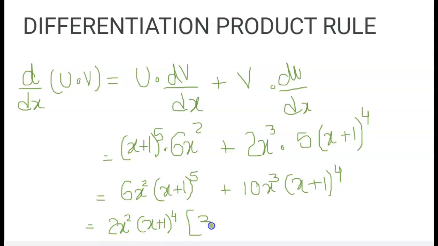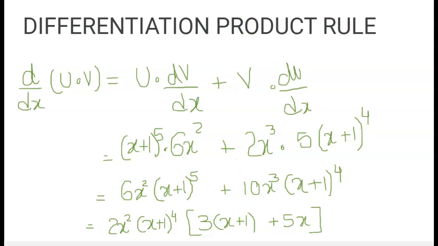So I got the answer as 3(x plus 1), plus, here when I divide this whole thing by this, I got the answer as 5x. The (x plus 1) to the power 4 is gone, so it is outside. So this is what I will get. The one in the square bracket I can further simplify.